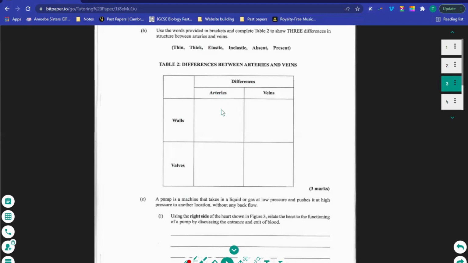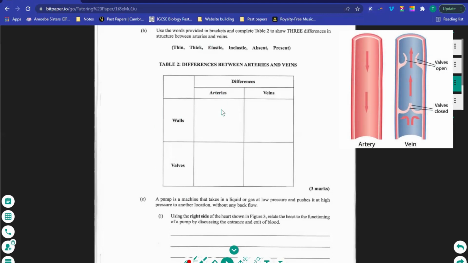So what will we put under arteries for the walls? We know that the artery itself is responsible for carrying blood, oxygenated blood that is, under high pressure. For this to happen, we know that the walls of the vessel must be elastic.